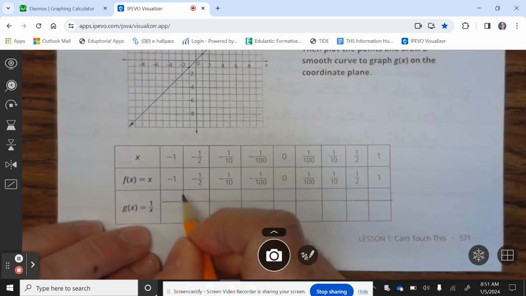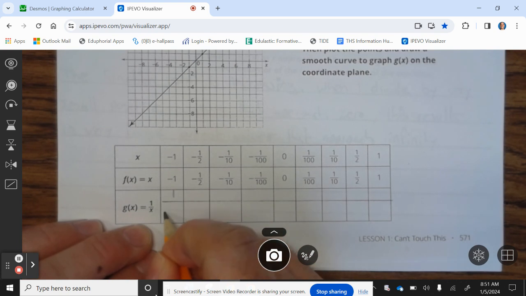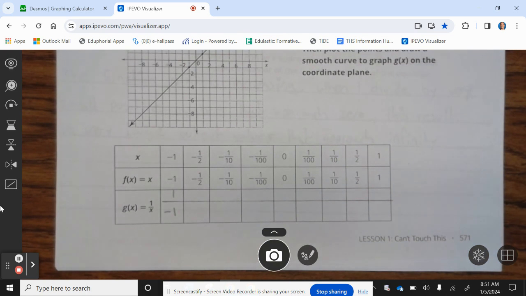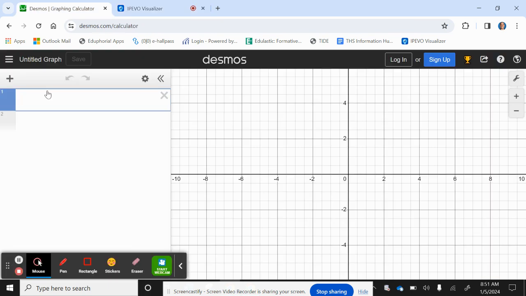All right, let's take a look at this. This would be 1 divided by -1. Now, here we're going to need to use the calculator to do 1 divided by -1/2. So 1 divided by -1 divided by 2 is -2.